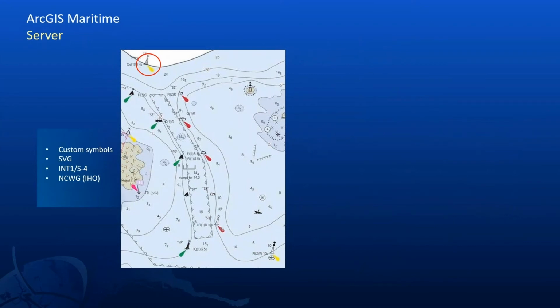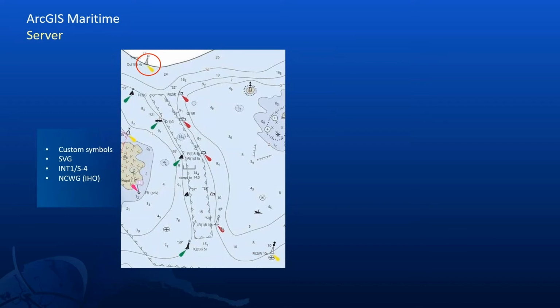Something else we've done, in addition to mashups, is that customers are also looking to leverage Products on Demand to replace their traditional desktop paper chart production. This required a few key enhancements. One of those was the ability to replace the ENC symbology, which is really designed for screen display, with custom symbols.